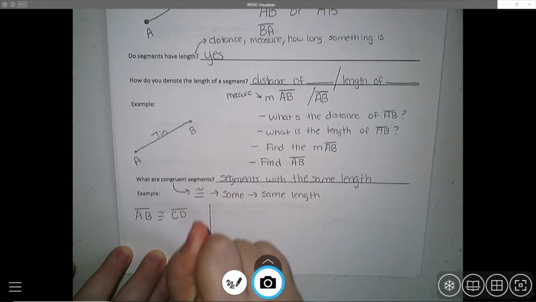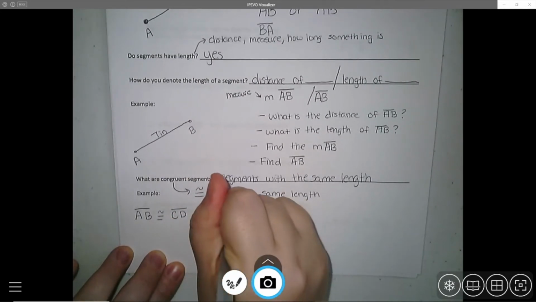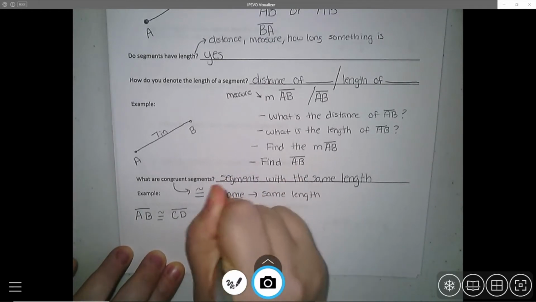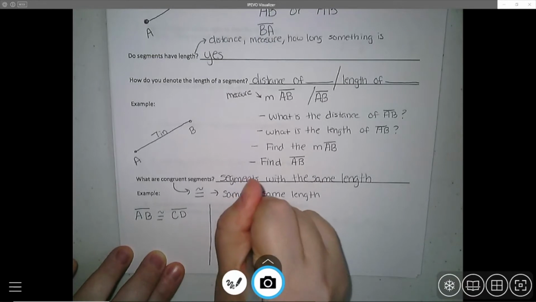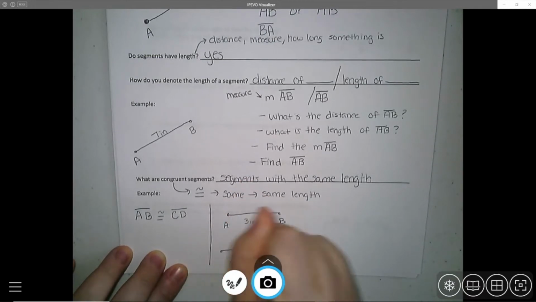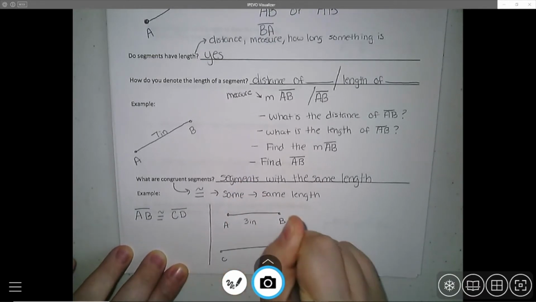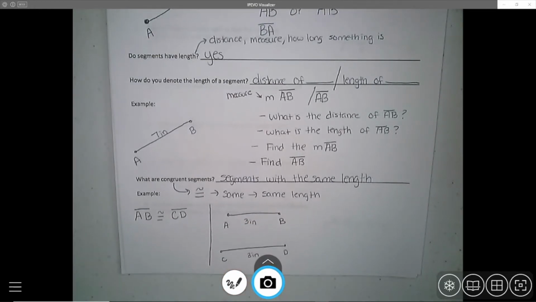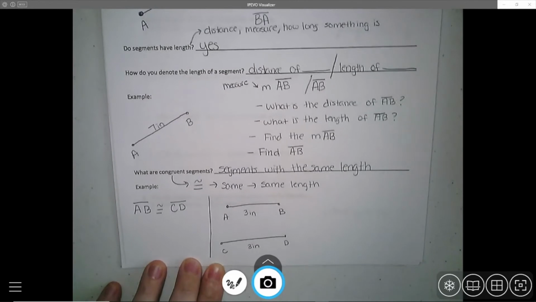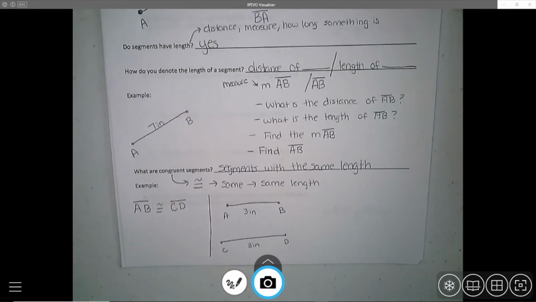Okay, another way we could have this denoted is we could simply have AB and CD and either above or below, they tell you they're the same. Okay, simply they told me they're both 3 inches, therefore they are congruent. They are the same length. Okay, your measure can either be above or below the line.